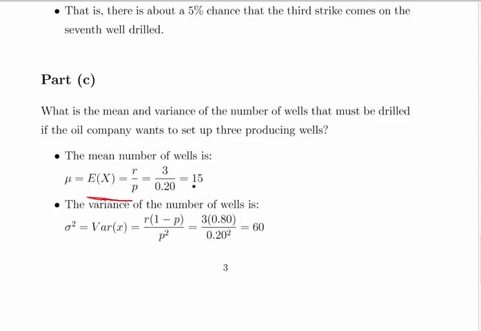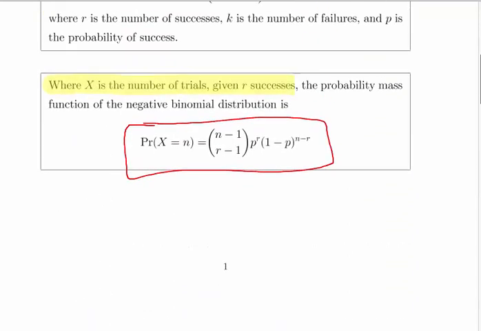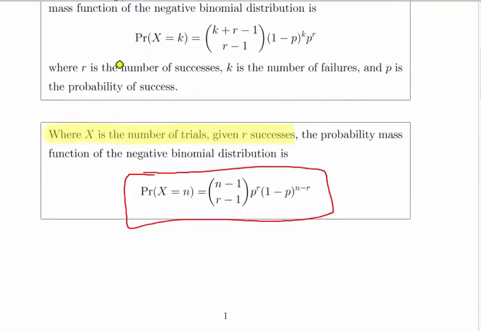That means 3 divided by 0.20, which is 15, and the variance is r times (1 minus p) divided by p squared: 3 times 0.80 divided by 0.20 squared, which is 60. This is essentially just standard results that correspond to the second formulation of the negative binomial. It's just the mean given this PMF.